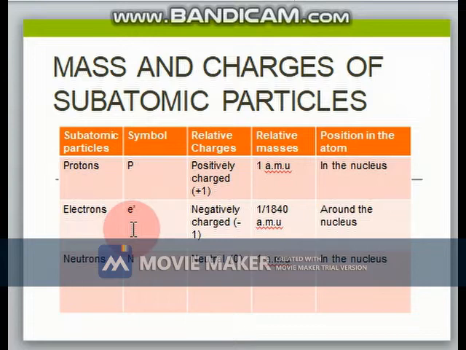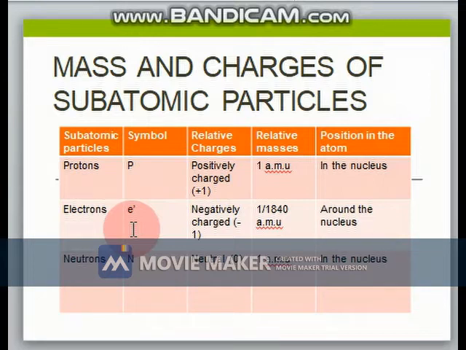Electrons is with E, negatively charged with a mass of 1 out of 1,840. I repeat, 1 divided by 1,840, and that is found around the nucleus.